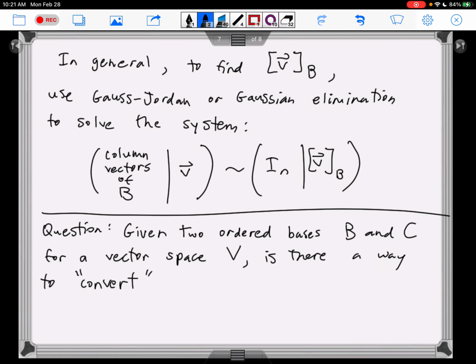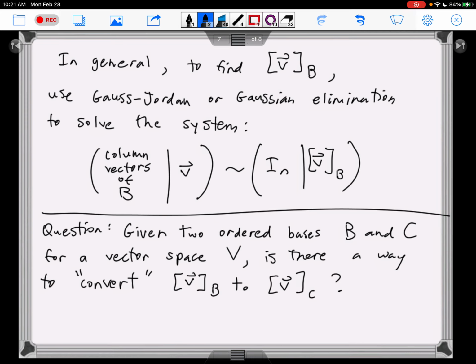But is there a way to convert V relative to B to V relative to C? In other words, is there an easy way, if you know the components of V relative to B, can you convert it to the components of V relative to C in some way?